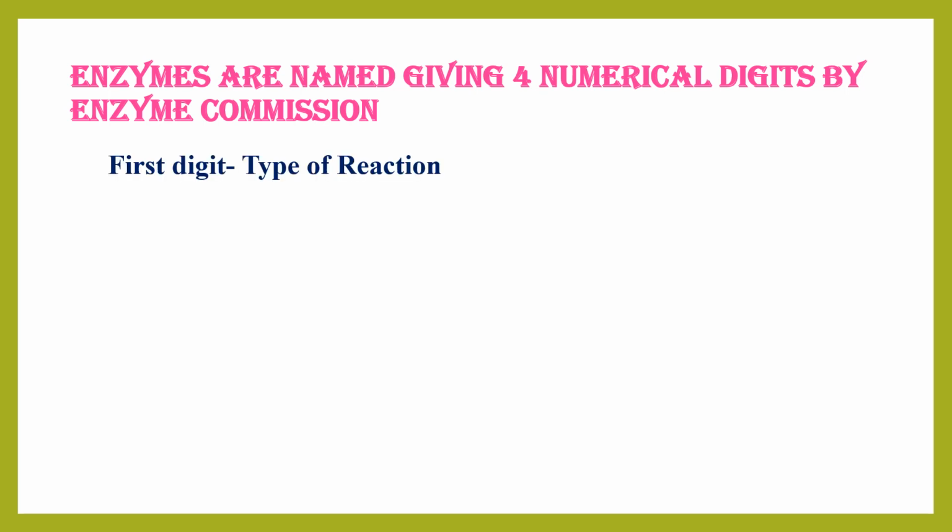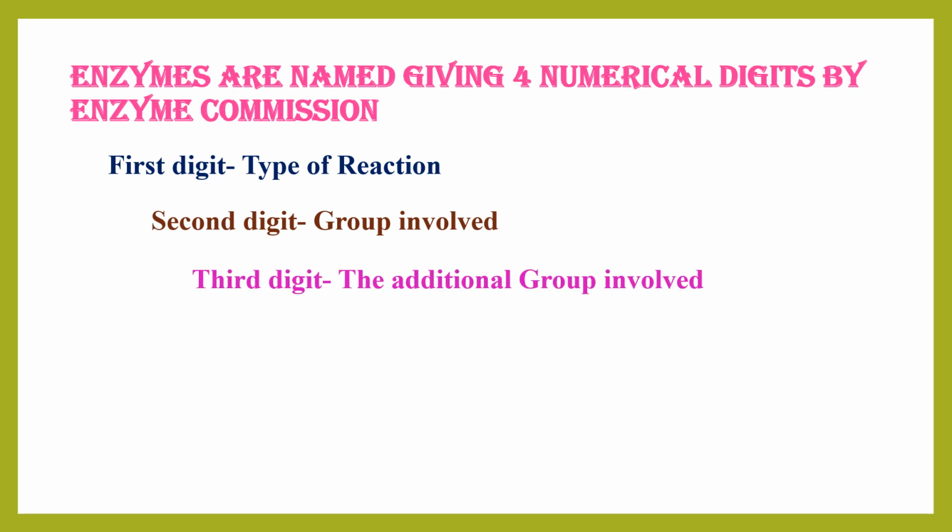Of these 4 digits, the first digit indicates the type of reaction that they catalyze. The second digit indicates the group that is involved, the third digit indicates any additional group involved, and the fourth digit indicates the specific biomolecule involved in the enzymatic reaction.